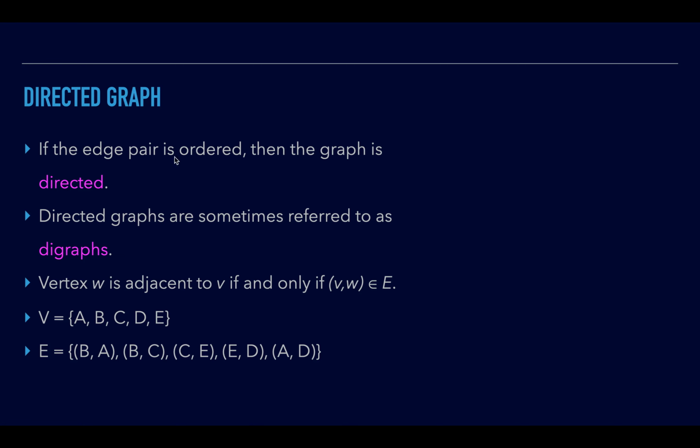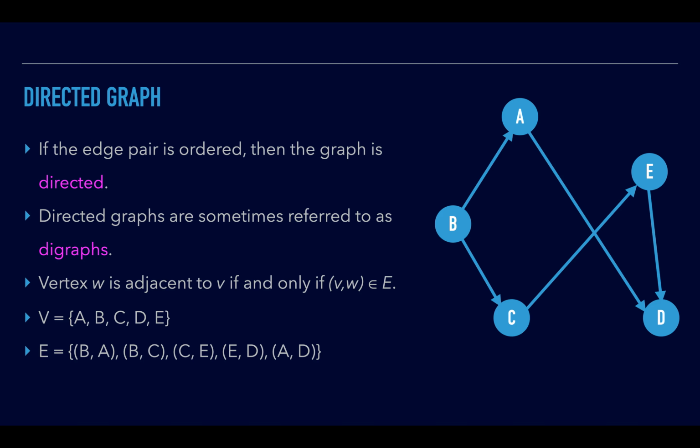Then next we have the definition of a directed graph. If the edge pair is ordered, then the graph is called a directed graph. That means if you look at this graph, I have an edge from B to A. So here I have listed the vertices and edges.